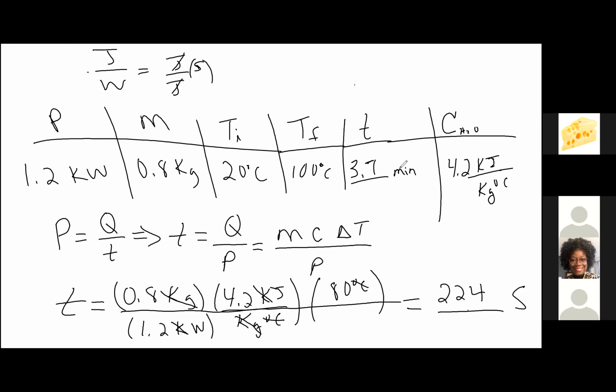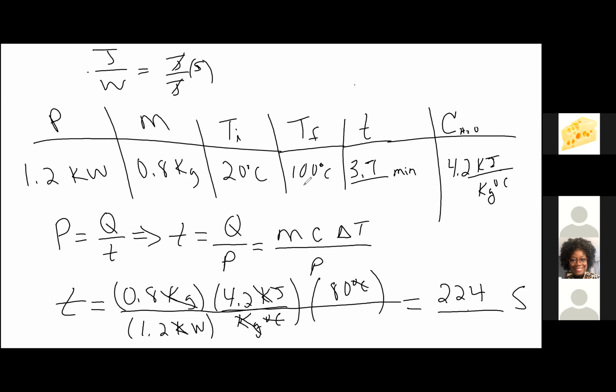Okay, so I'll send you a few problems to solve using this understanding. The important thing is when you solve the problems, if it's not in Celsius, make sure you convert it to the Celsius scale.